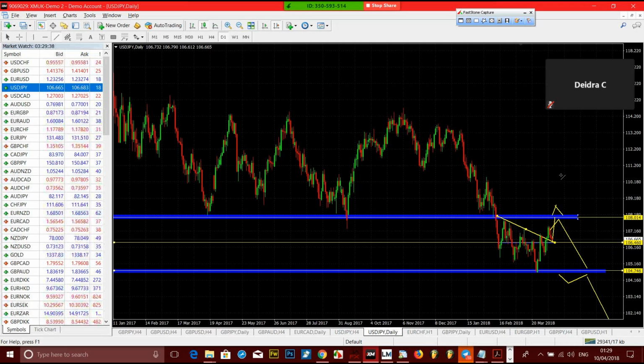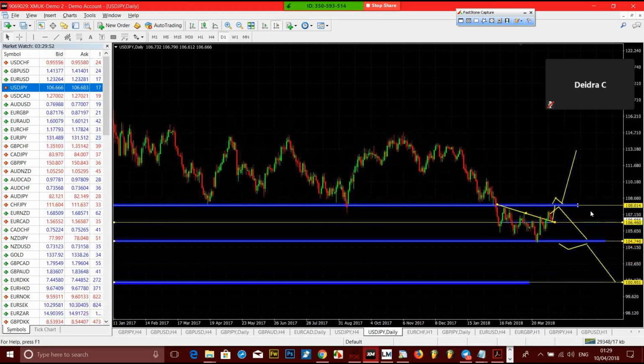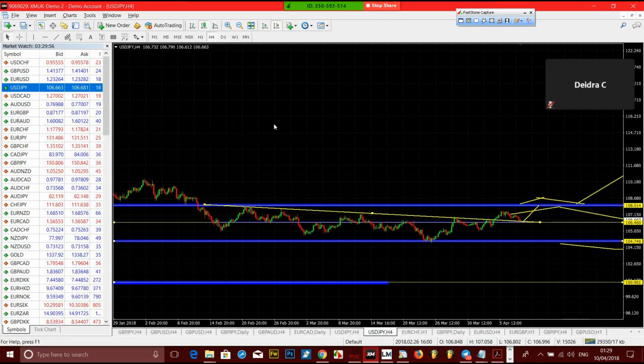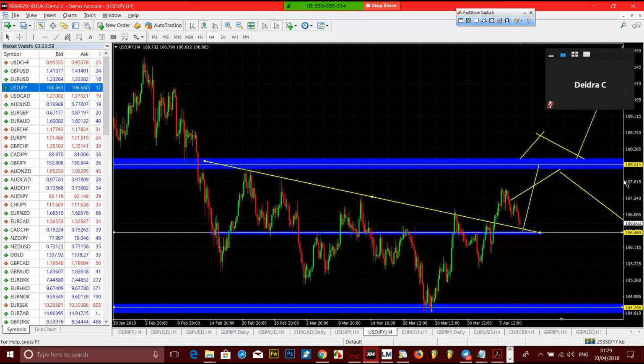Whatever position you're entering, you could start with a micro or a 0.1 lot size, then keep increasing it. So what we're waiting for is for this to break down, and then we're good to go. I'm going to take this trade. I'll take it in sessions.